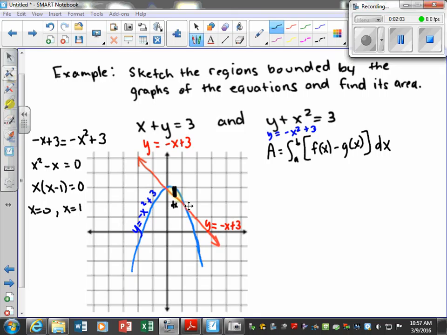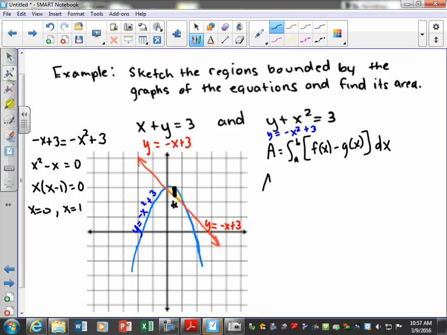We can kind of tell that in our graph because I did a decent job, but if you're not able to, you can always use this method to find where it intersects if the graph doesn't reveal that to you. So right here we're just going to have 0 and 1. We can either see that from here, or we can see that on the algebraic side of things. So I'm going to say intersect. Okay, I'll get some scratch work.